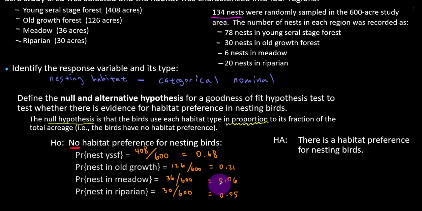So the null hypothesis needs to be pretty specific. However, the alternative hypothesis is usually just a brief statement, which contrasts the null, and indicates in this example that there is a habitat preference among nesting birds.